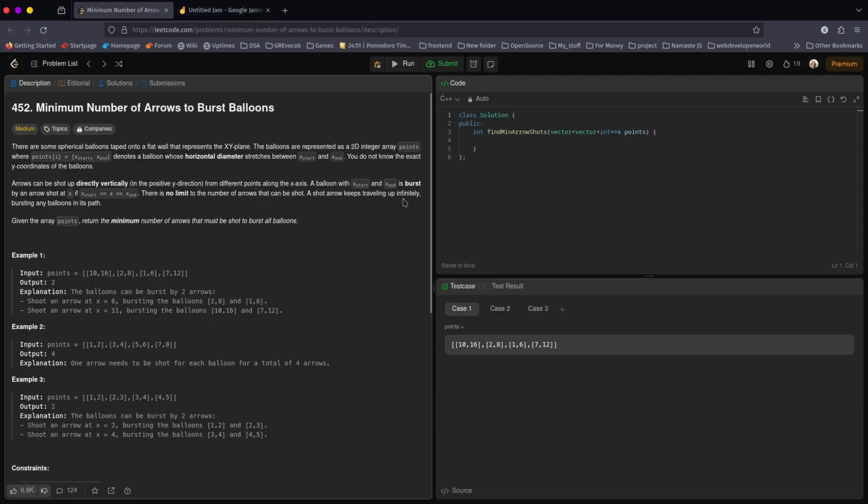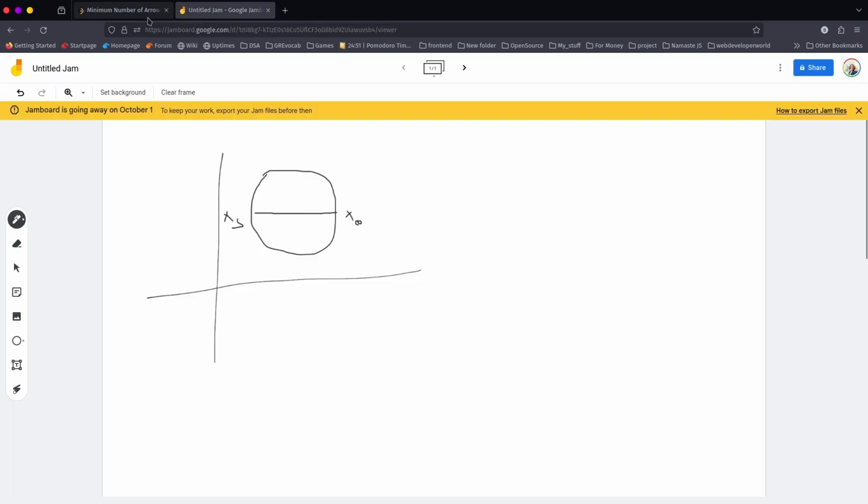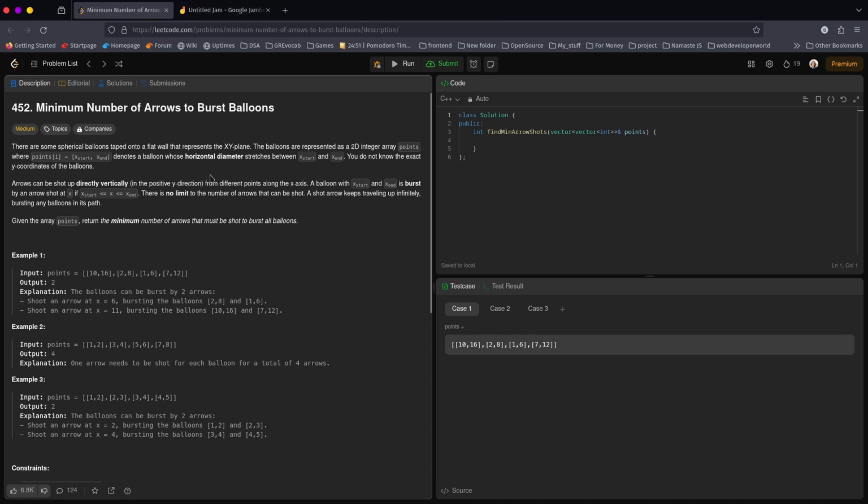A balloon with x start and x end is burst by an arrow shot at x if x is greater than or equal to x start and less than or equal to x end. There is no limit to the number of arrows that can be shot.